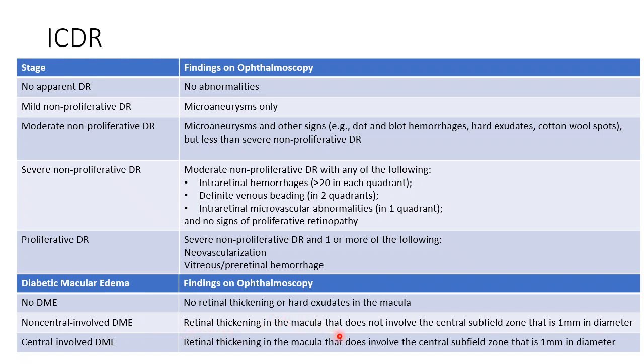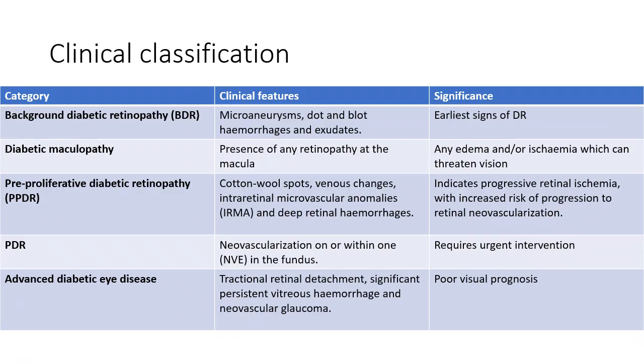So retinal thickening in the macula that does not involve the central subfield zone, that is 1 mm in diameter. This central subfield zone 1 mm in diameter, I'm going to explain to you when we talk about diabetic macular edema in the subsequent slides. So non-center involved when it does not involve the central 1 mm, and center involved when it involves the central 1 mm of the macula.